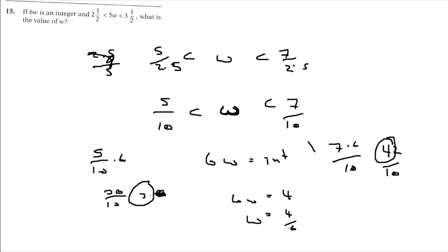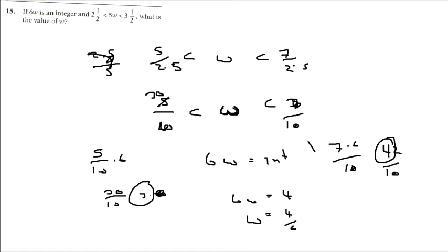4/6, then 6 times that would be an integer, and so then the question is, is w actually between them? Is 4/6 here actually between this 5/10 and the 7/10? So if we were to multiply by 6, this one is going to be 30 60ths.